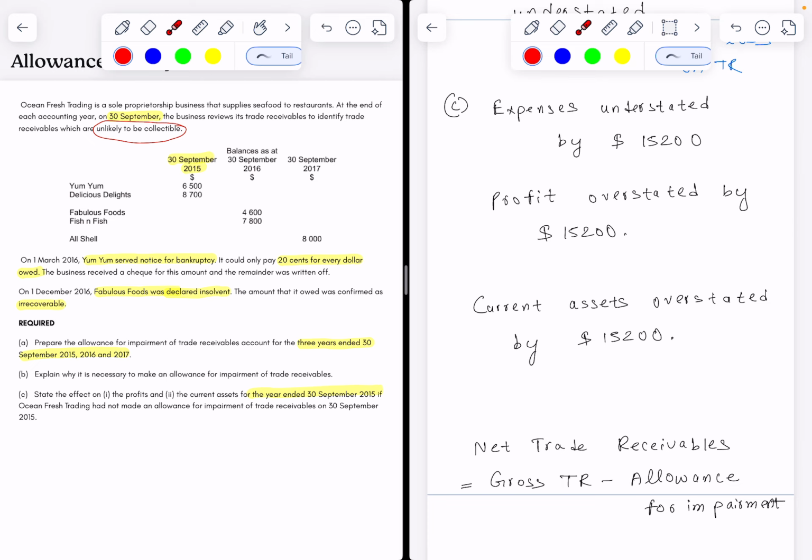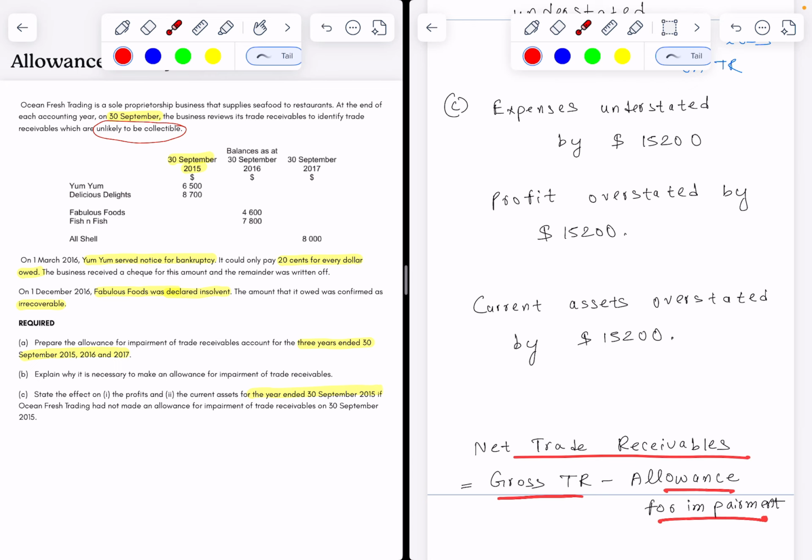And at the same time, current assets will be overstated by $15,200 because when we calculate the net trade receivables, we start with the gross amount or the original amount for trade receivables, and we deduct any allowance for impairment, which is the uncertainty involved in collecting the cash that our customers owe us. So we understand that at 30 September 2015, there are uncertainties involved with Yum Yum and Delicious.